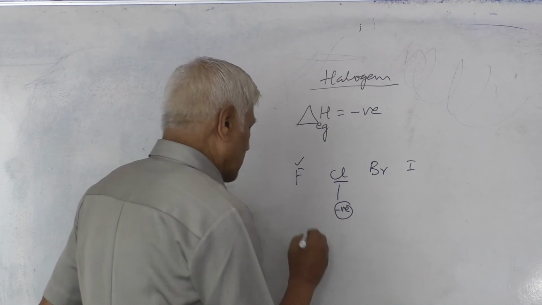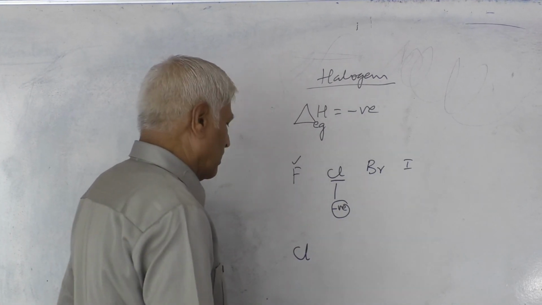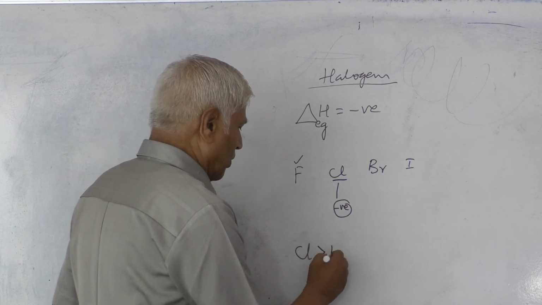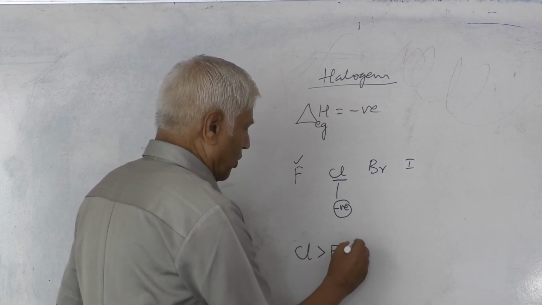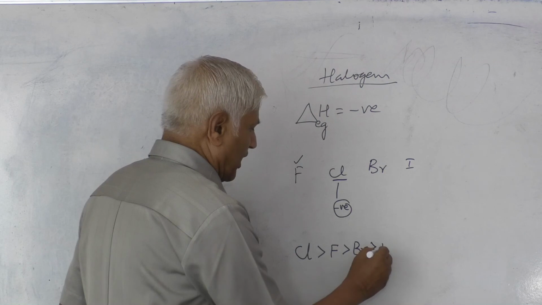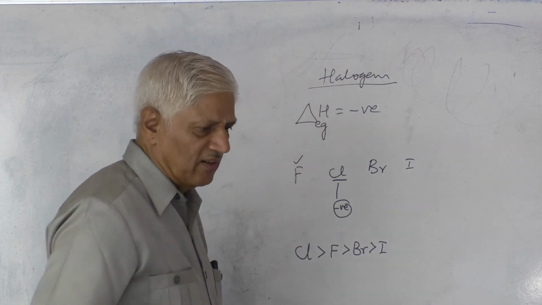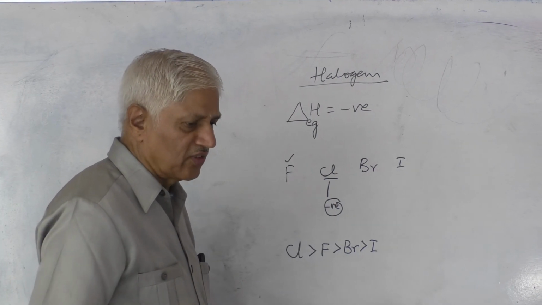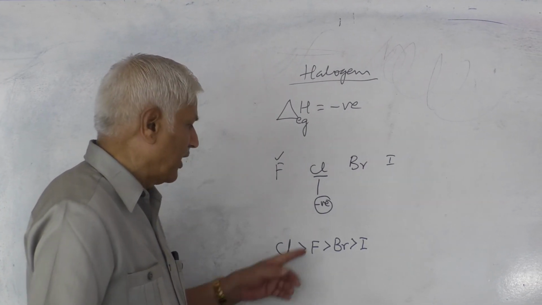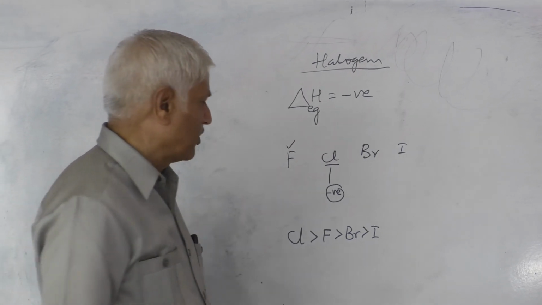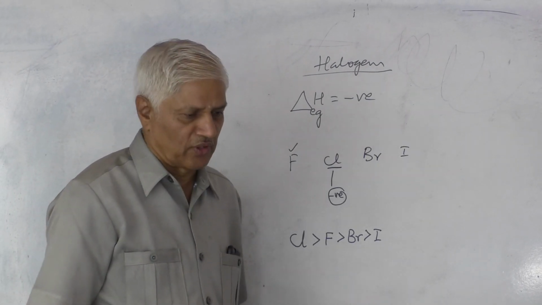So chlorine has the highest negative electron gain enthalpy. Then comes fluorine, then bromine, then iodine. Iodine has the least negative electron gain enthalpy. First is chlorine, next fluorine, next bromine, next iodine. Option D matches with this in our question.